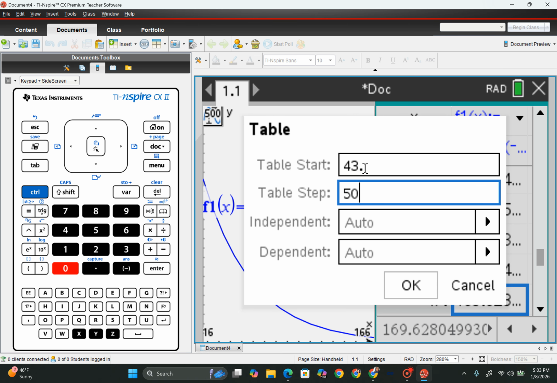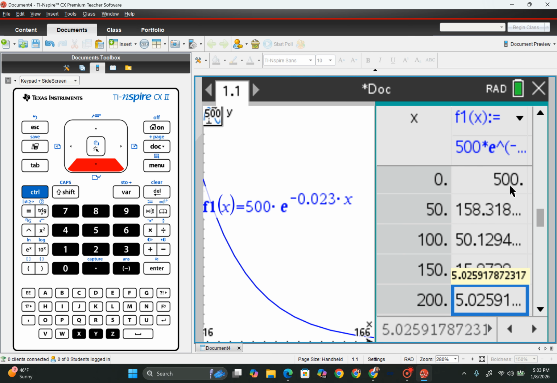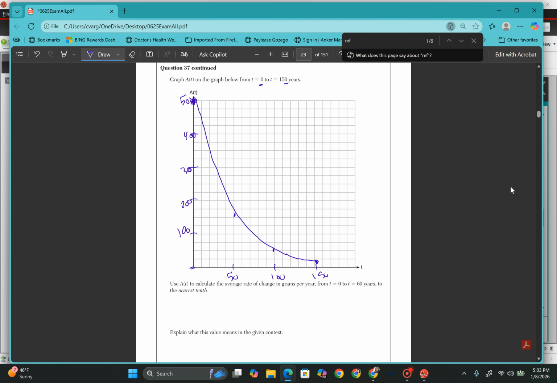So 0, 500, 50, 158. This might have been a little easier to see. So 150 is about 16, and 200 is about 5. I know that eventually it's going to get lower.